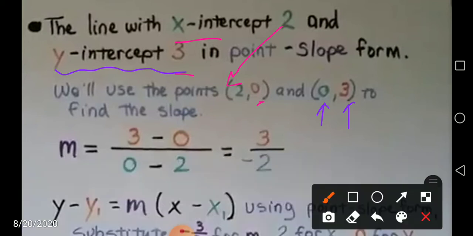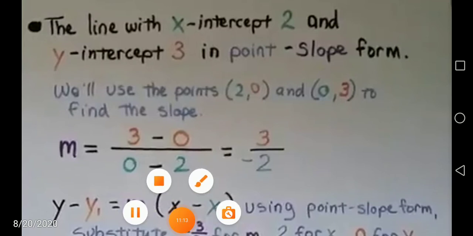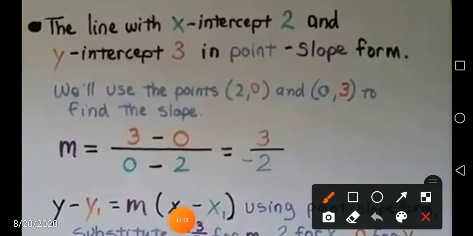Dear students, when he asks me for the line with x-intercept 2, the ordered pair that I will have is 2 for x and just 0. And for y-intercept 3, I'm going to have 3 for y and 0 for x.